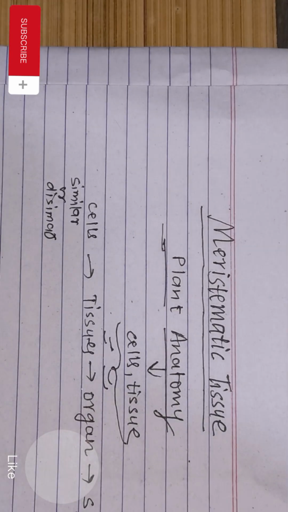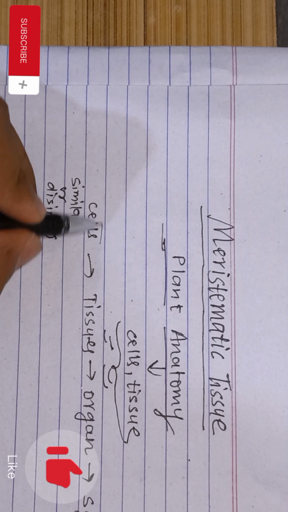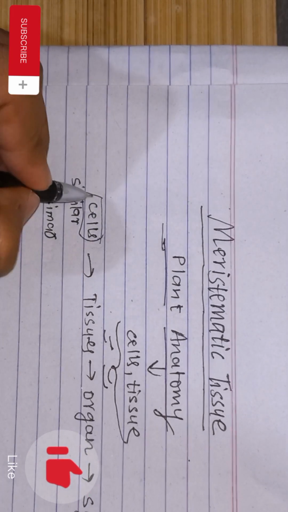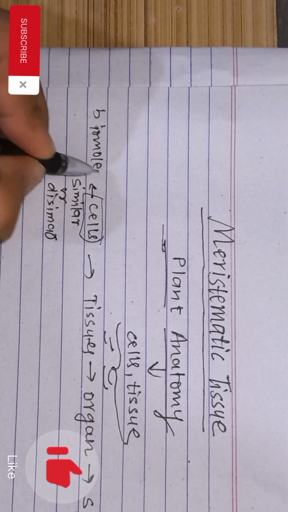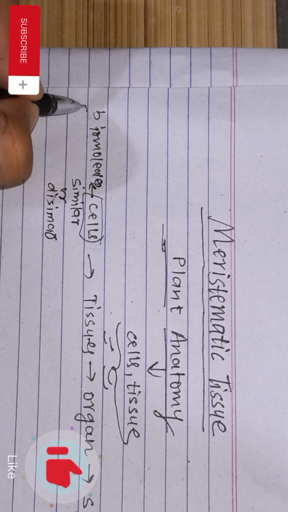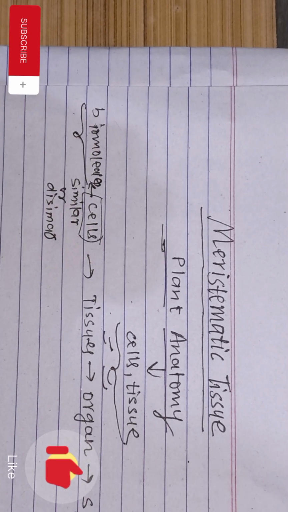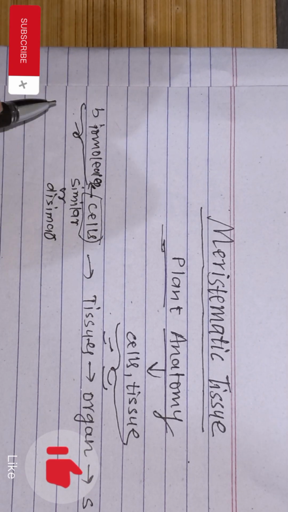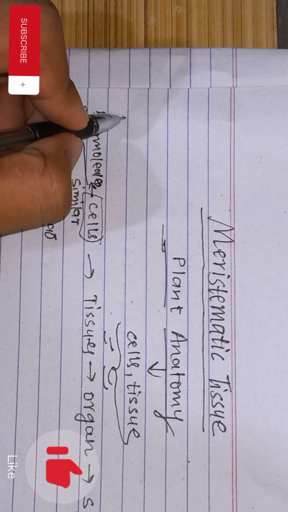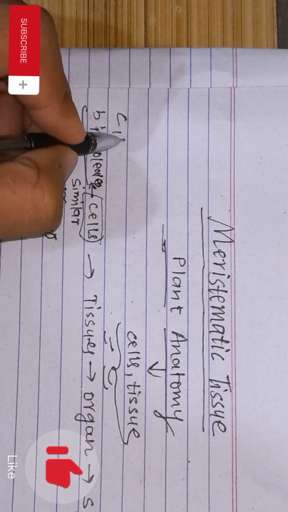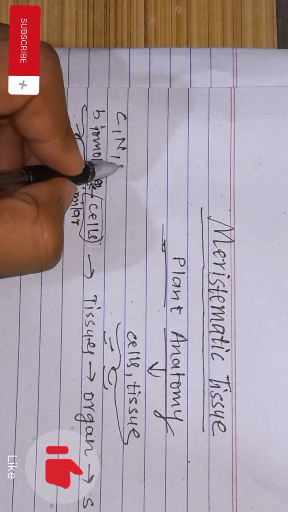Have you ever thought about where these cells are formed from? These cells are formed from biomolecules. And where are these biomolecules formed from? They are formed from simpler organic compounds or molecules such as carbon, nitrogen, oxygen.